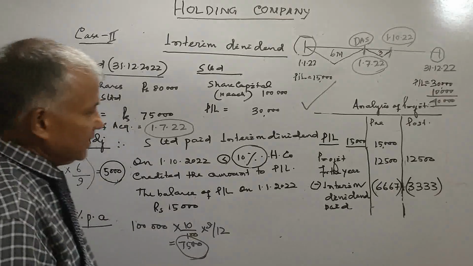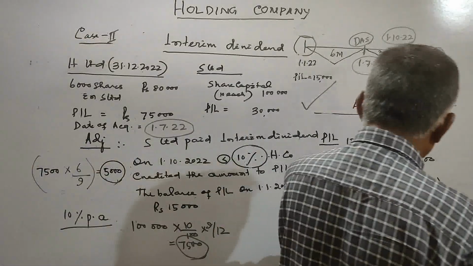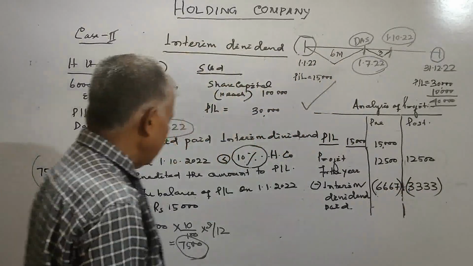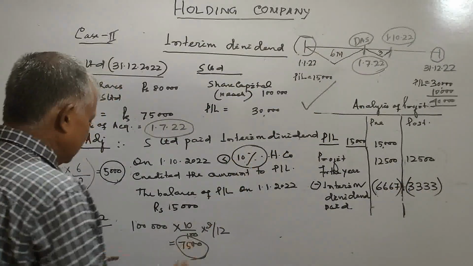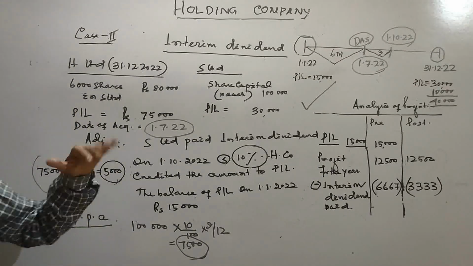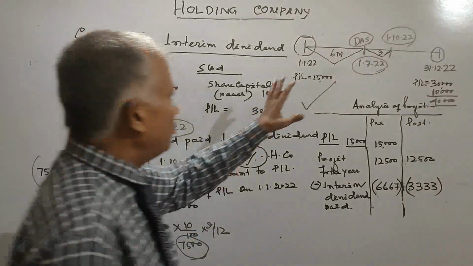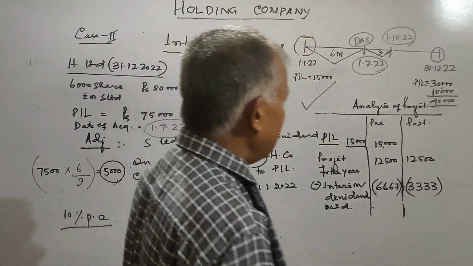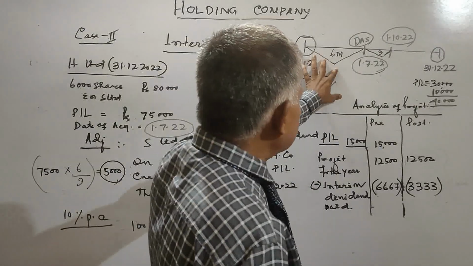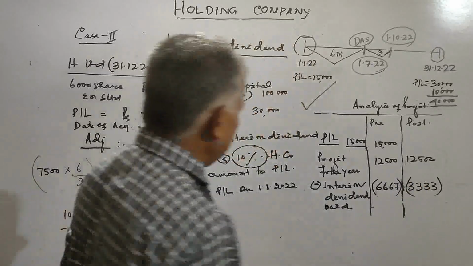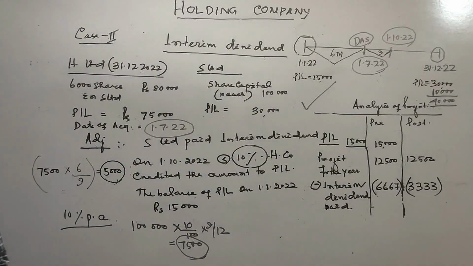So in this case, interim dividend would be 5,000 here and 2,500 here if it is 10% per annum. Please note it down, because if it is 10%, you have to calculate it on the basis of time ratio. For 9 months, out of this 6 and 3, 6 will come here, 3 will come here. Right? And in holding company there is no mistake.